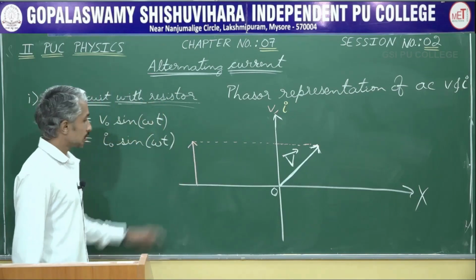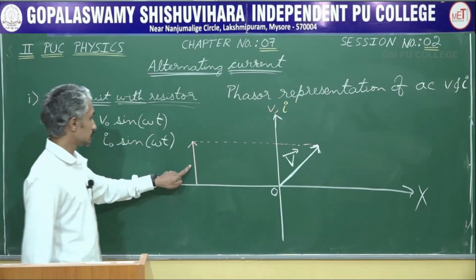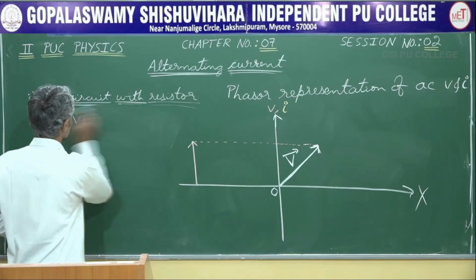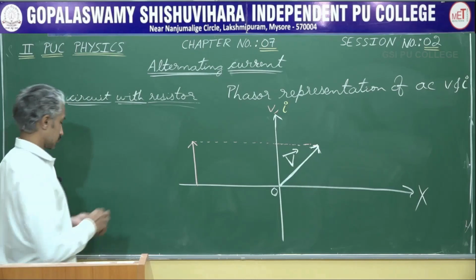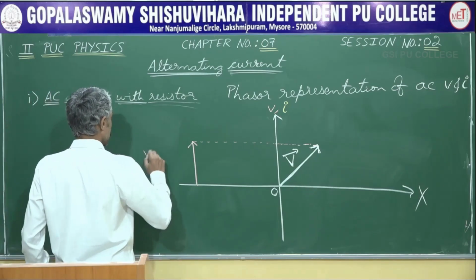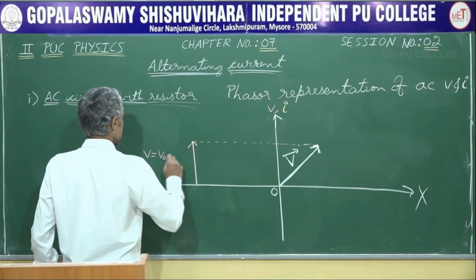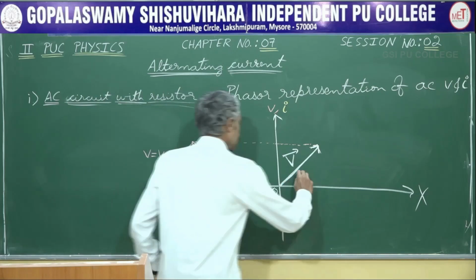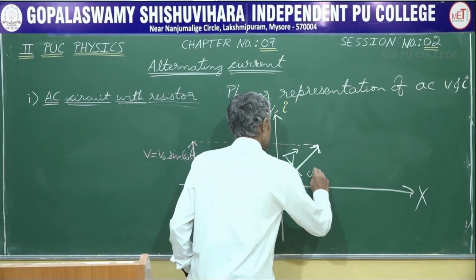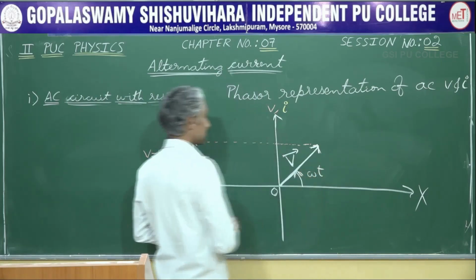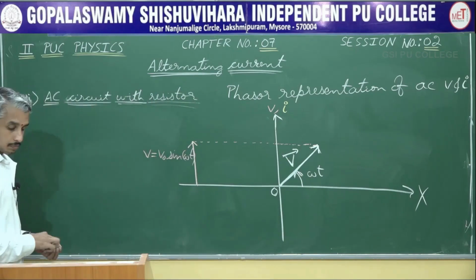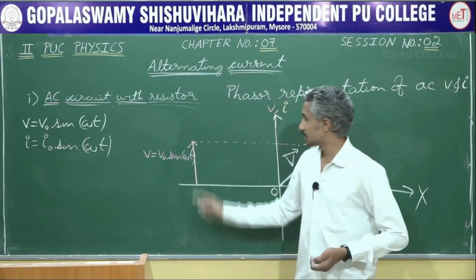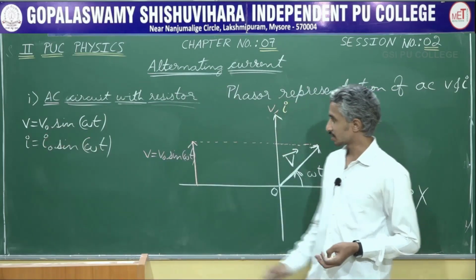Now this gives me the instantaneous voltage or the AC voltage. So V, which is equal to V naught sin omega into t. So this will give me the angle omega t. We have represented the AC voltage as projection along the y axis.